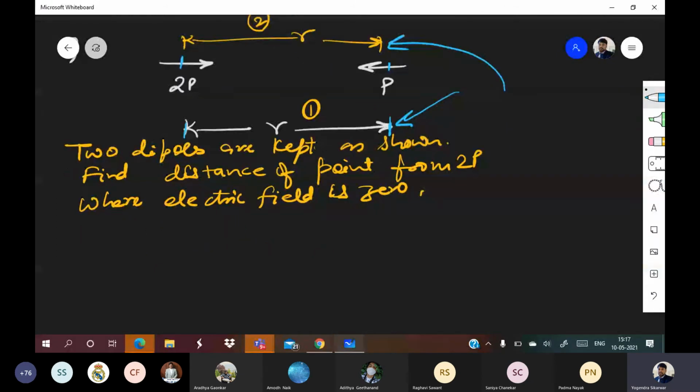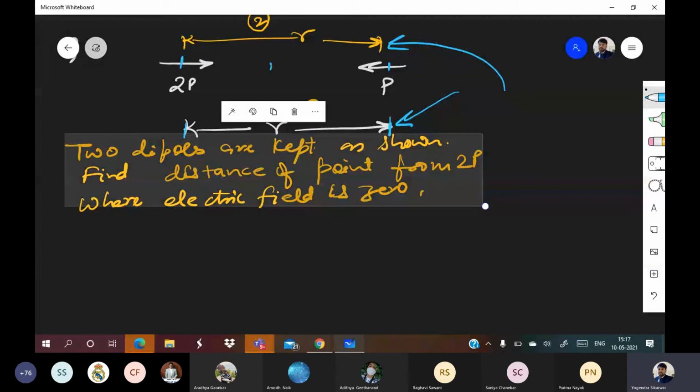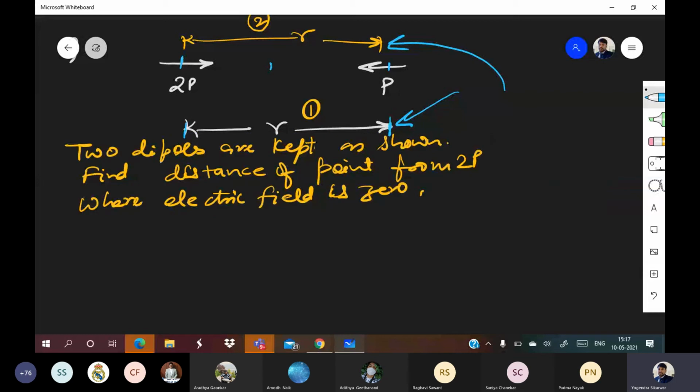Anyways, everyone please pay attention. Suppose this distance is x, where electric field is 0 and the point is, let's say, A. So this distance will be r minus x.